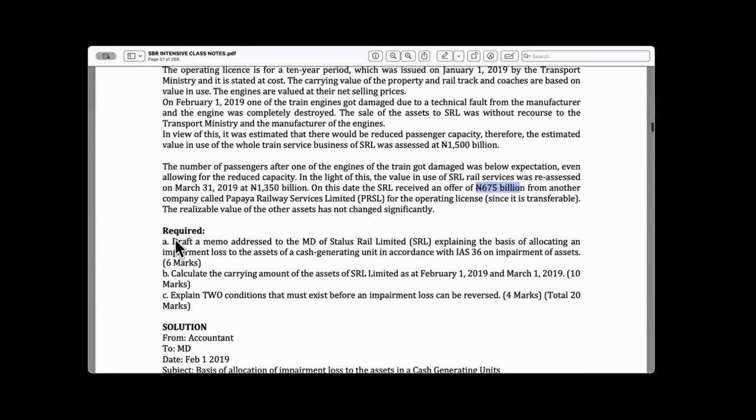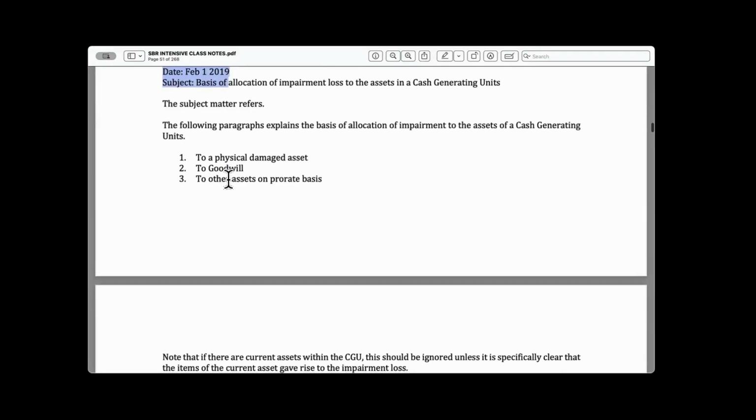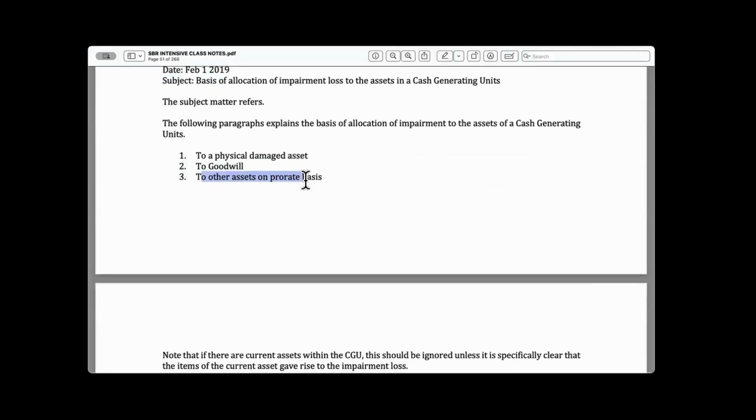We're now asked to draft a memo addressed to the MD of Starloss, explaining the basis of allocating an impairment loss to the assets of a CGU in accordance with IAS 36 on impairment of assets. I gave you the solution here. So you have to give them a memo. And I already told you the order in which you allocate impairment loss to a CGU: first to a physically damaged asset, then to goodwill, then to other assets on a pro rata basis.